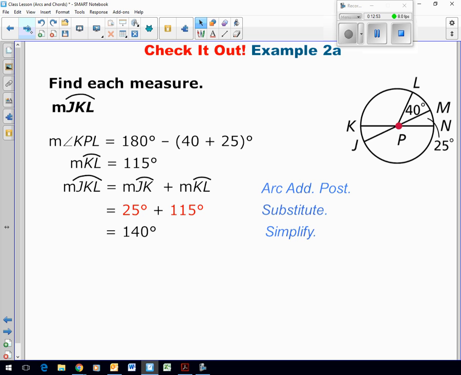JKL. Okay? Now, in this circle, JKL, is that the minor or major arc? Is that the minor or the major arc, JKL?